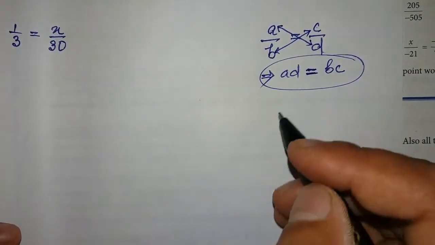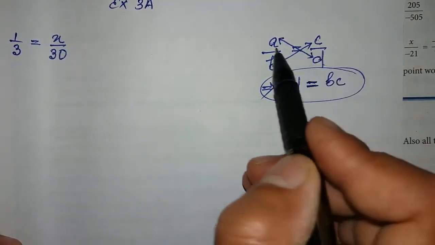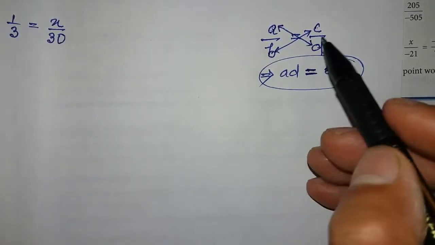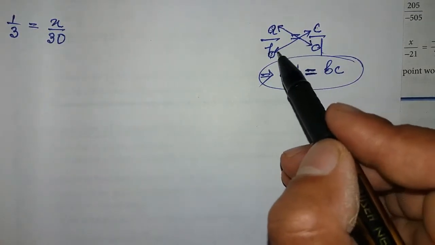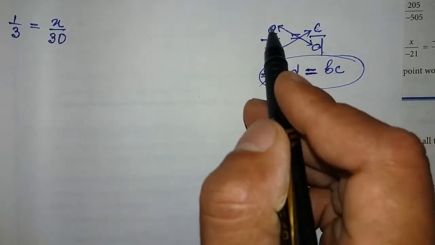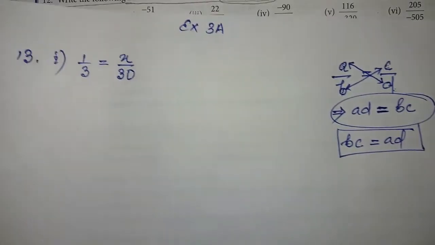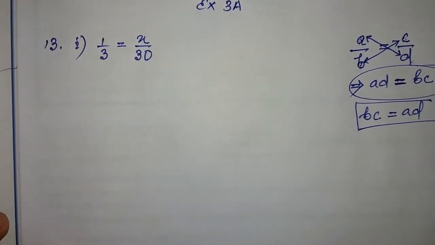And one thing you have to know is you can start with this or with this, that is up to you. Now you can start with this also, so like this, b into c is bc, a into d is ad, so it means the same thing.